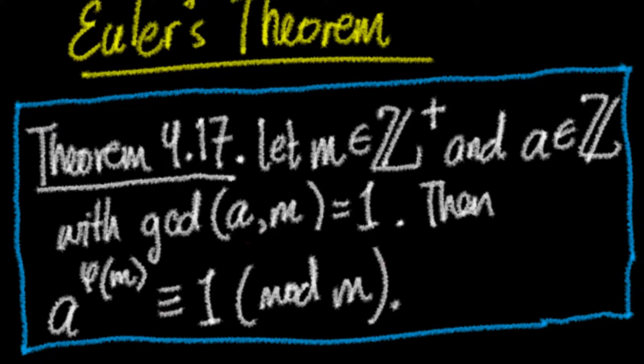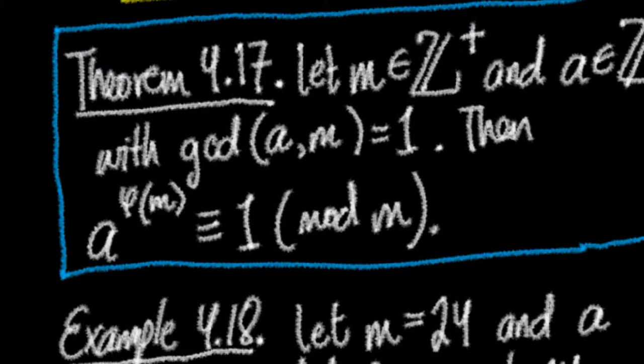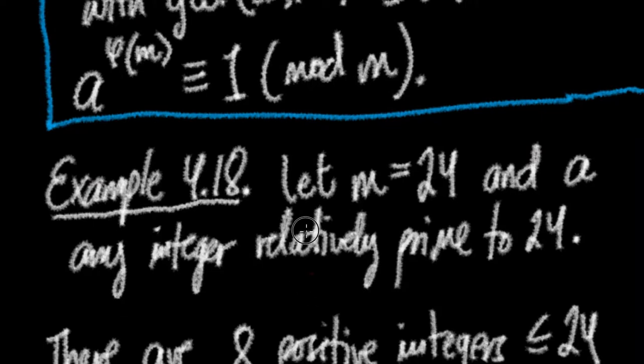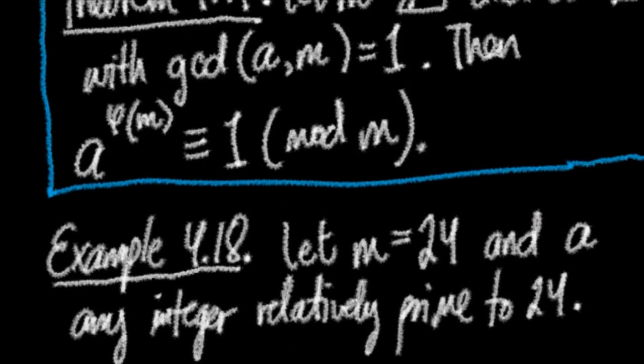So let's give some examples for this Euler's theorem. For example 4.18, let m be 24 and let a be any integer relatively prime to 24. Since m is 24, we need to first find the totient function, or the phi function, of m.